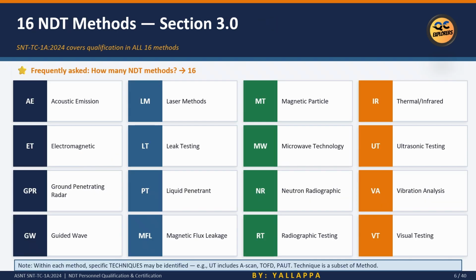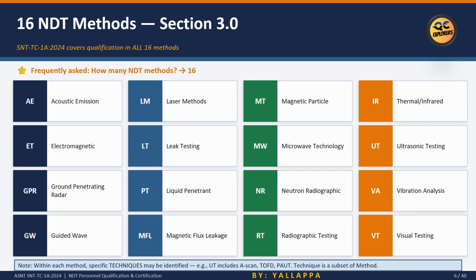Now let us study the 16 NDT methods covered under SNT-TC-1A: 2024. This is another direct written examination question. How many NDT methods are covered? Answer: 16 methods.